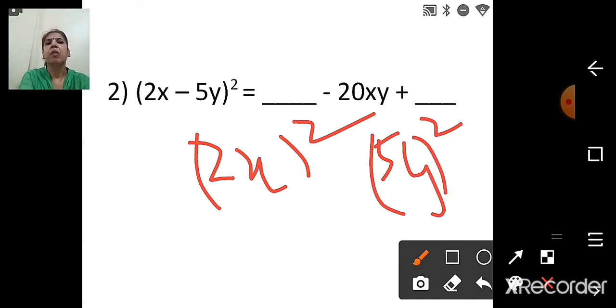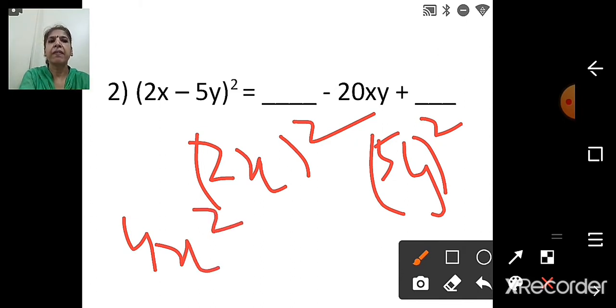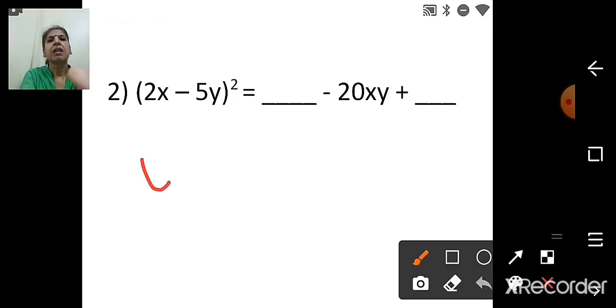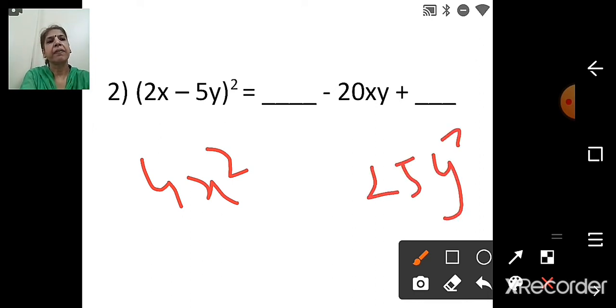Now open the brackets. (2x) whole square: 2 into 2, 4x square. So the first term is 4x square and the next term is square of 5, 25, so it is 25y square. So the answer is 4x square and 25y square.